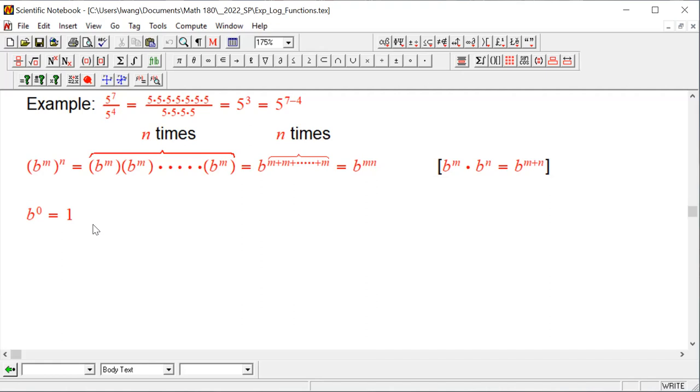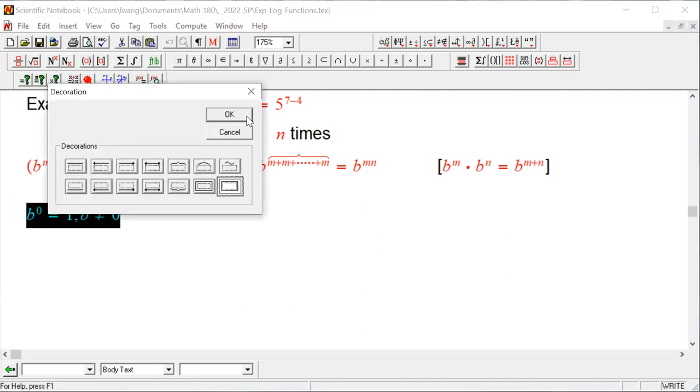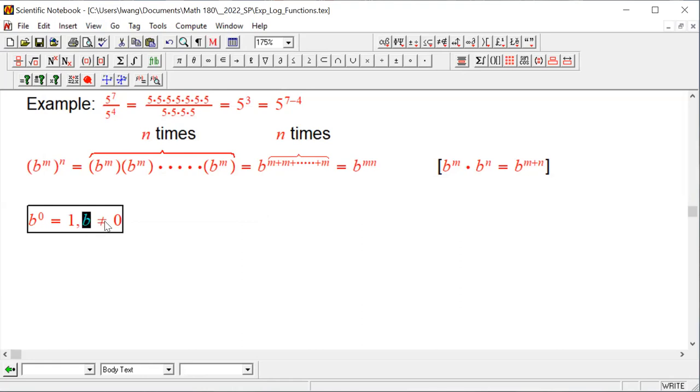You're actually wrong. Why? Because we have to attach a condition that b cannot be 0. So these two must be together. Why can this condition not be left out? I will show you why.